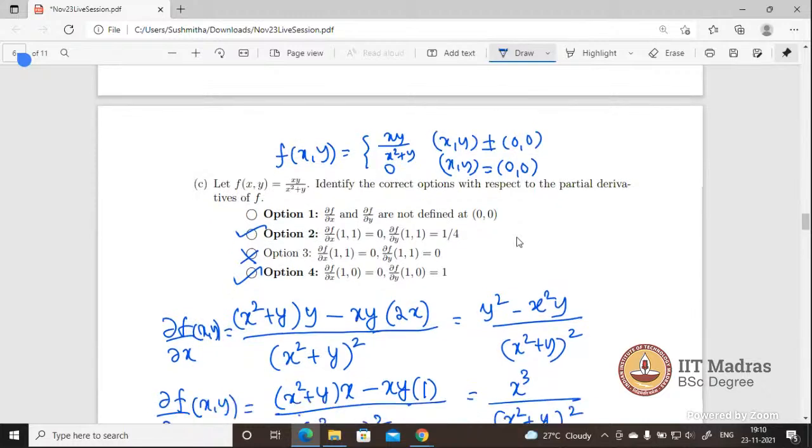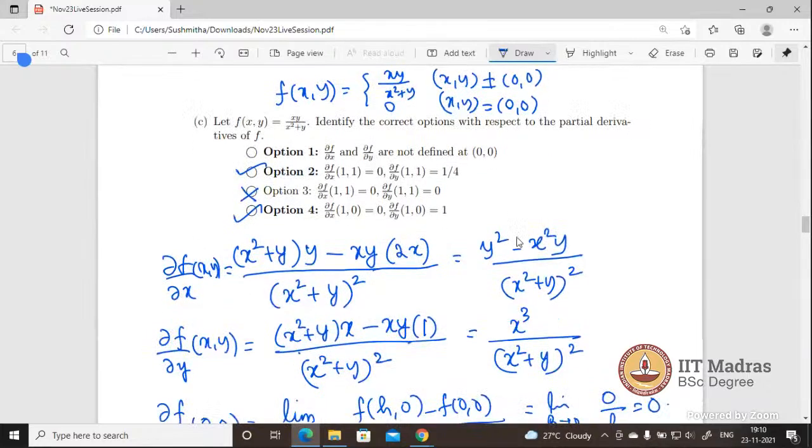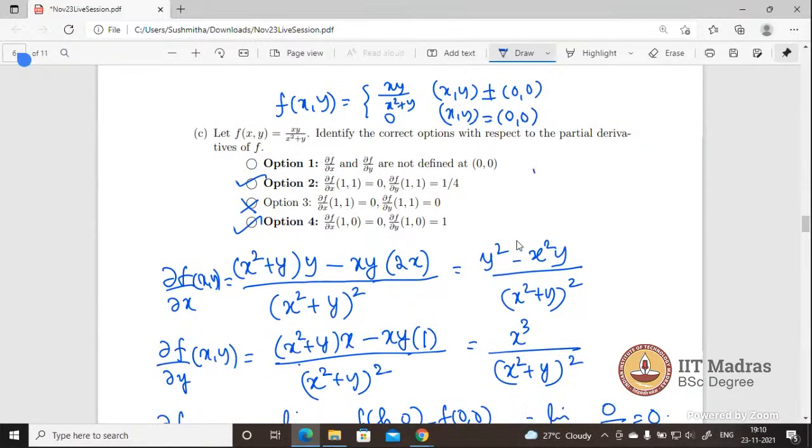Ma'am, out of curiosity, I'm asking, when we'll be doing dou square f by dou x square kind of things, we'll be using those ones? Double partial derivative kind of thing. Yeah, so when you want to find this, dou f by dou x is again a function of two variables, right? Yes, ma'am. So now when I want to find the derivative of this, again that becomes a question: derivative with respect to what?